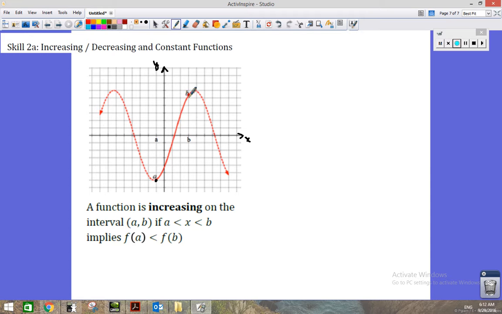Over here, this endpoint at the end of this solid portion of the graph has an x-coordinate of B. And when we locate areas on a graph, we will use the x-coordinates to locate those parts of the graph, and we typically give that in what they call interval notation.